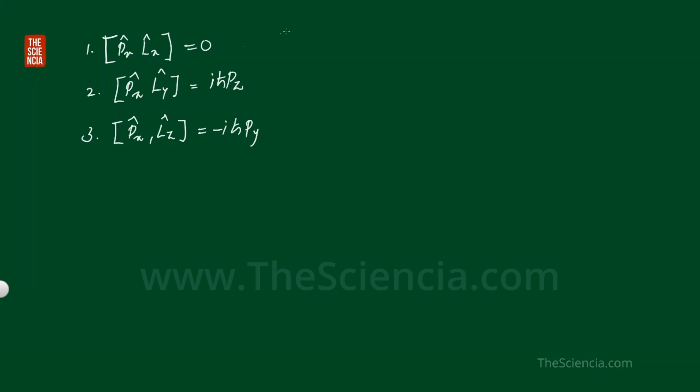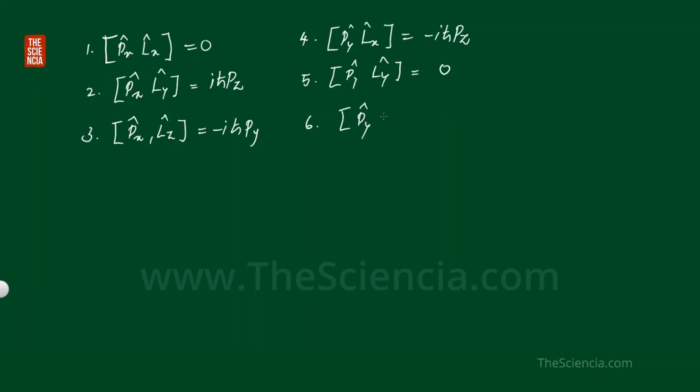And if you solve the other problems I already assigned to you, then you will get the fourth one, that is [Py, Lx] is equal to minus I h cross Pz, the fifth one [Py cap, Ly cap] is equal to 0, and the sixth one [Py cap, Lz cap] is equal to I h cross Px.